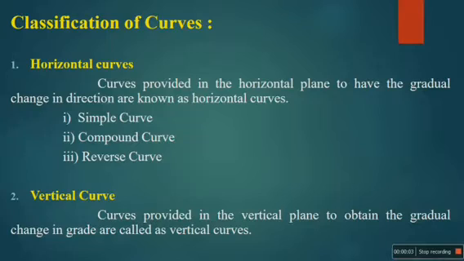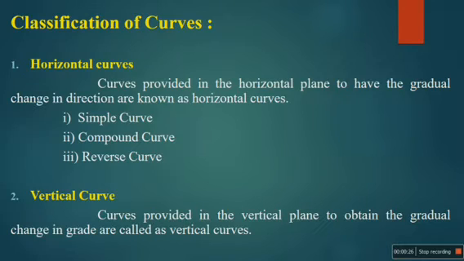Next, we discuss the classification of curves: horizontal curves as well as vertical curves. Horizontal curves are curves provided in the horizontal plane to have a gradual change in direction.